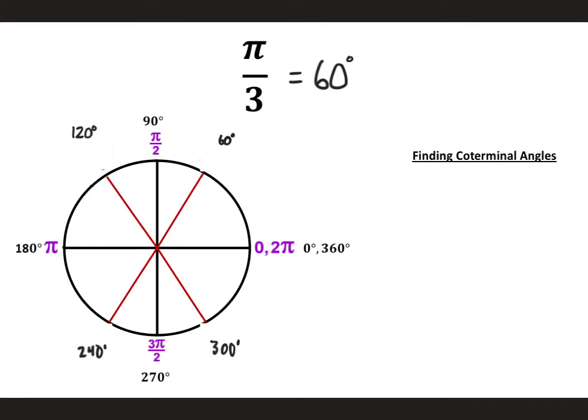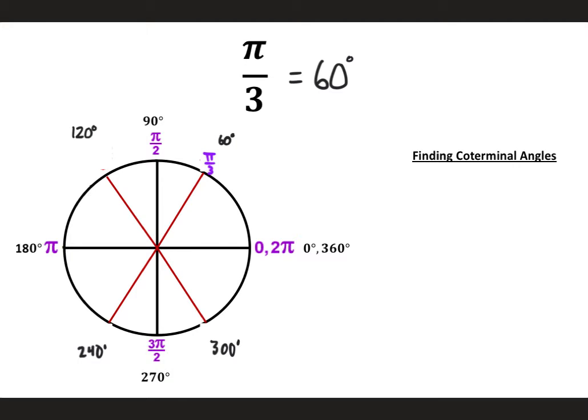Let's talk about the radian measures that go along with them. So all of our radian measures here are going to have a denominator of 3. So first of all, 60 degrees we said was pi over 3. So that's 1/3 of pi. The next one along the line is going to be 2/3 of pi.